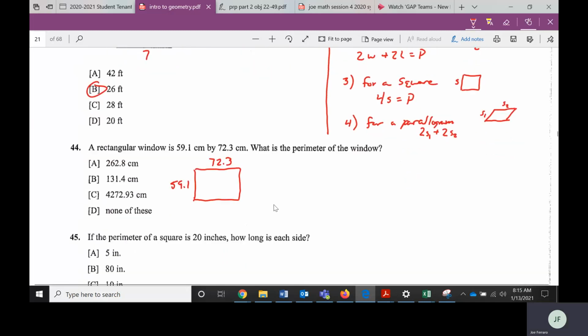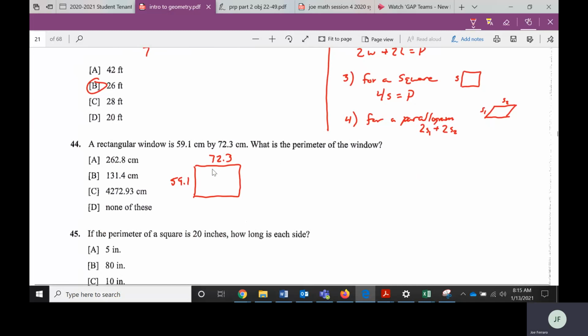Okay, it's just a rectangle. You could label the opposite sides, then add them all up, or you can do the formula for the rectangle.